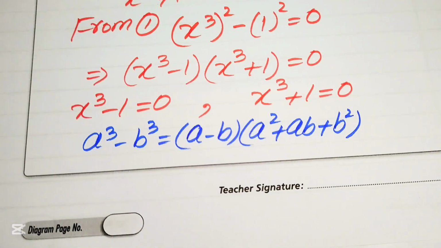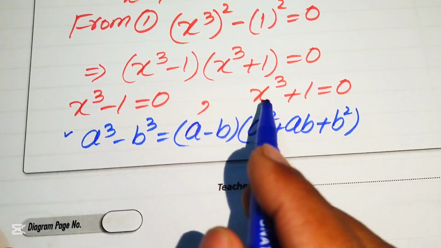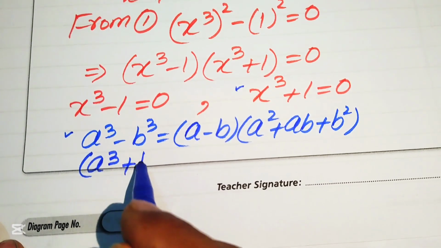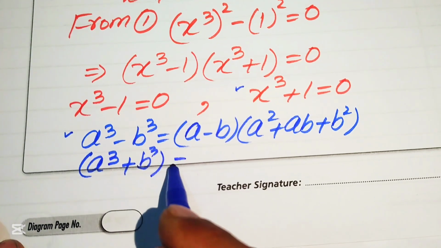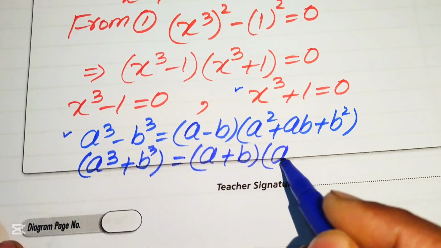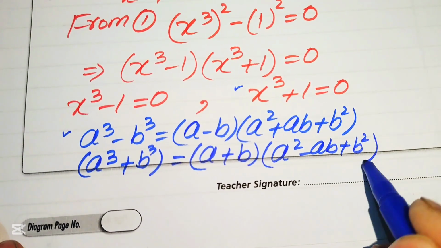So here we can use the negative cubic formula, and here we use the positive formula, which you can write it here, a cubed plus b cubed, it is equals to a plus b times of a square minus ab plus b square.